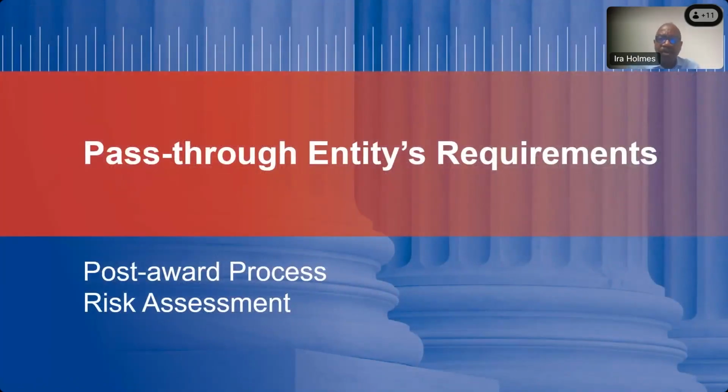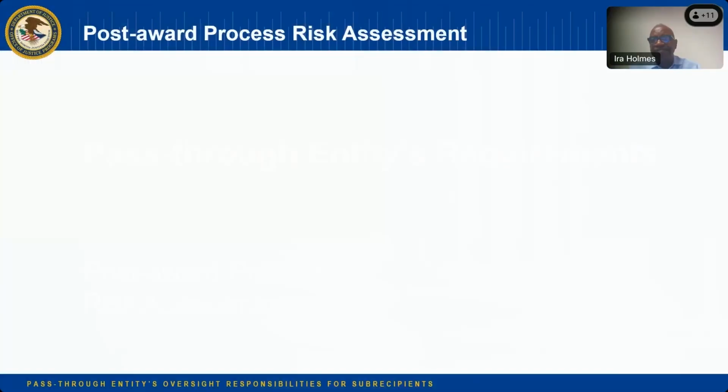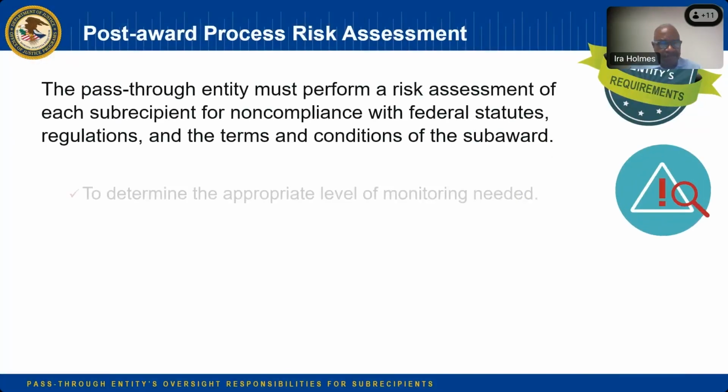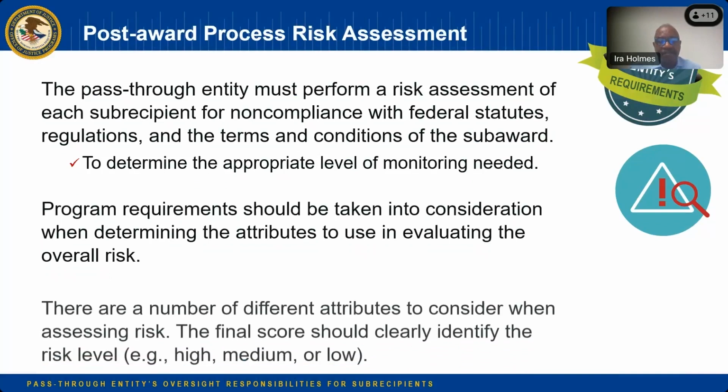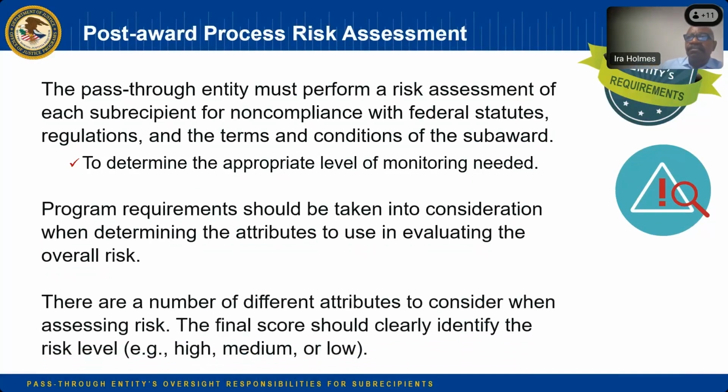Now, your requirements in post-award. The pass-through entity must perform a risk assessment of each subrecipient for noncompliance with federal statutes and regulations and terms and conditions of the subaward to determine the amount and the level of monitoring that is going to be required.